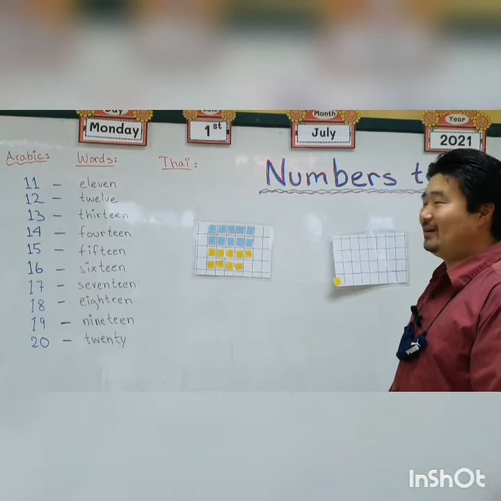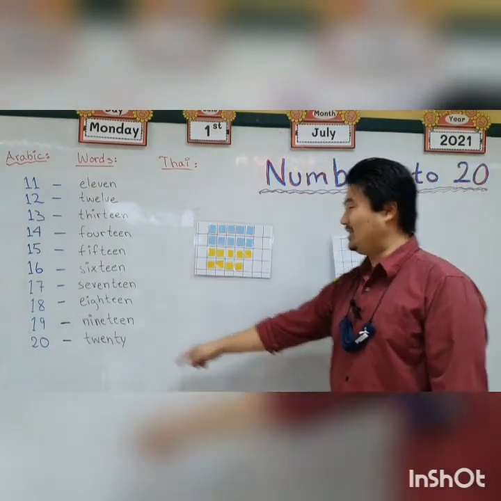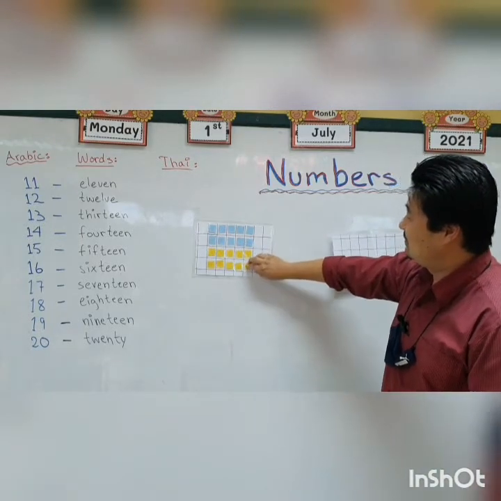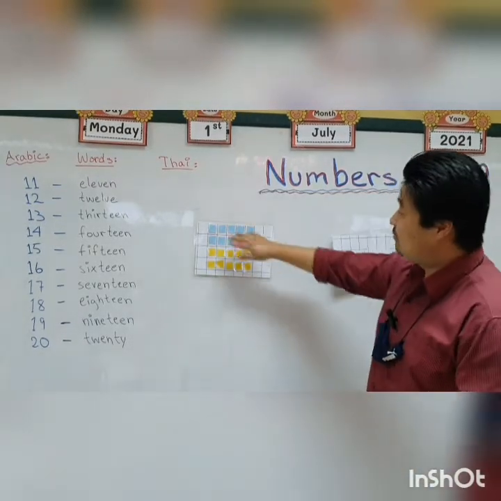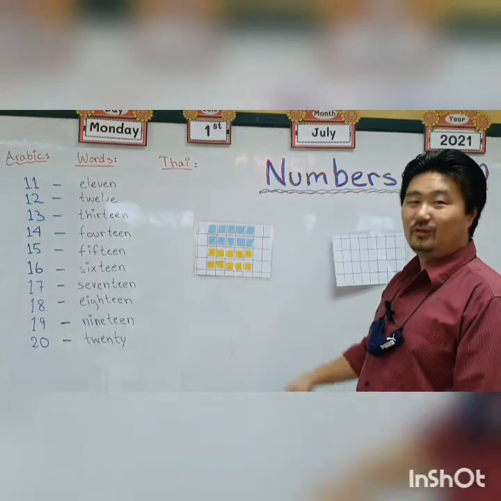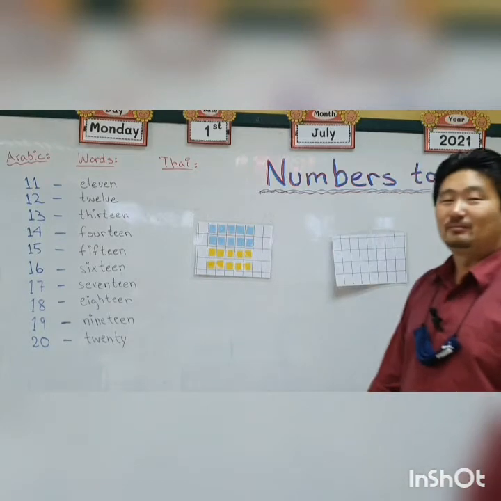Now how many are there? 19. Yes, 19. And lastly, one last one. One more. Now how many do we have? Now you can see we have blue full and yellow full. So that is 20. 20.